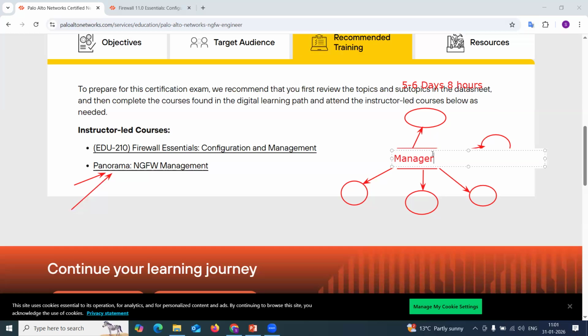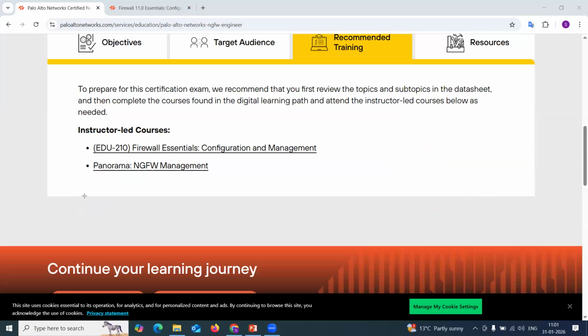And this is used to manage your firewalls. So from here, you'll be managing multiple firewalls at a time. That's why we call it a manager, and the technical term they use is Panorama.